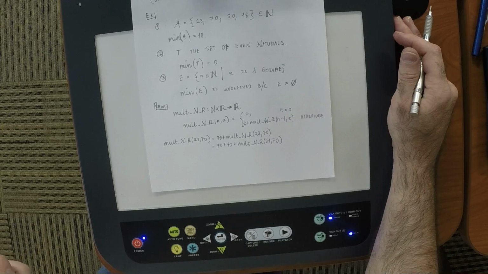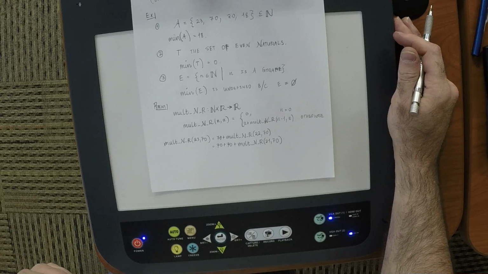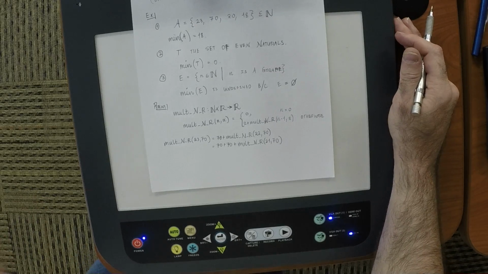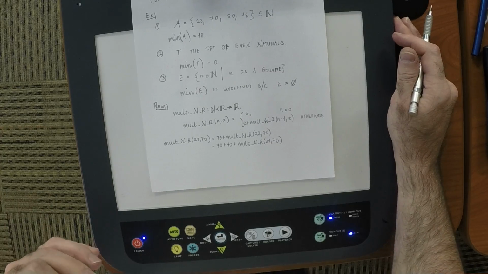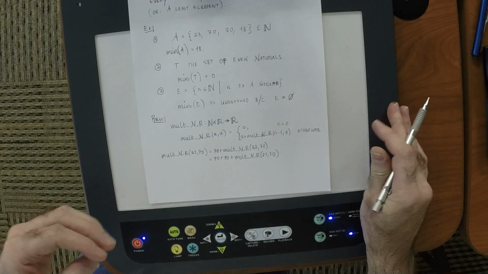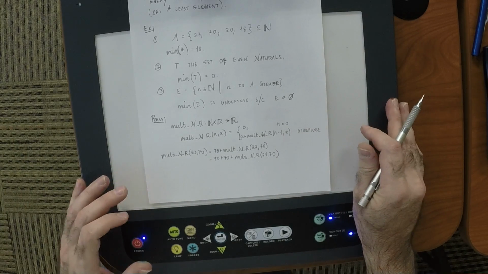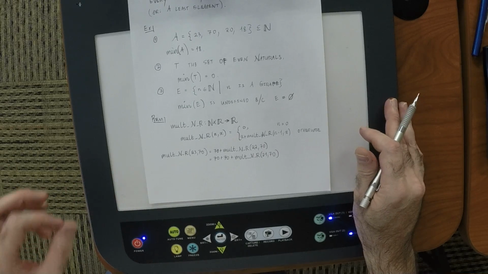Yeah, there's elements in it. Is it a subset of the naturals? Yes. And therefore, the well-orderedness property holds, and there must be a least element. So what's going to be the least element among those? 0. And that's why we know for sure that this process will terminate. It has to terminate because of the well-orderedness of the naturals.